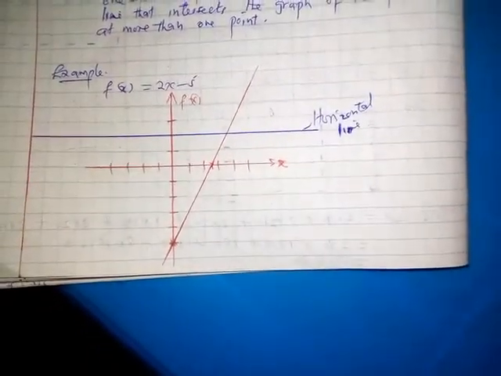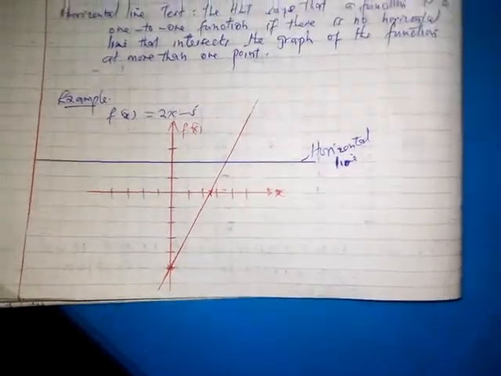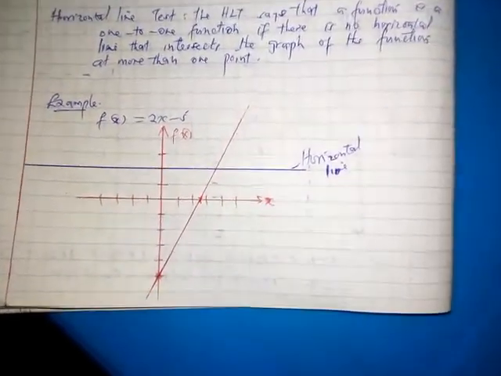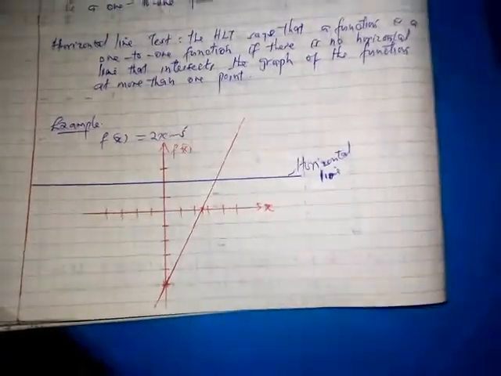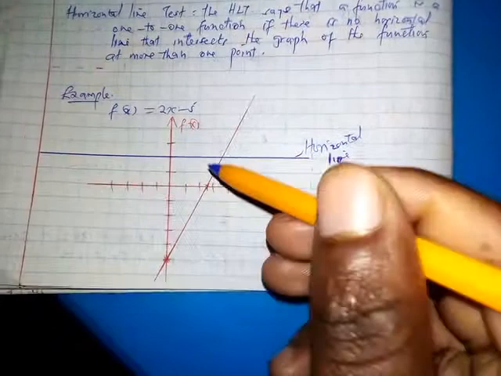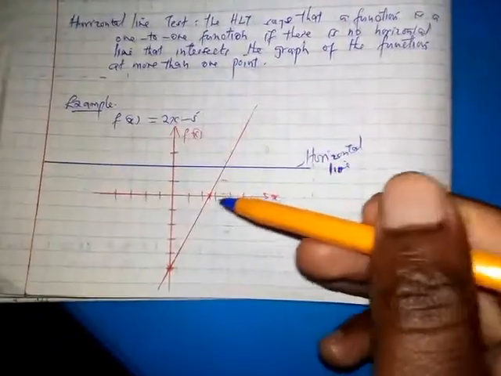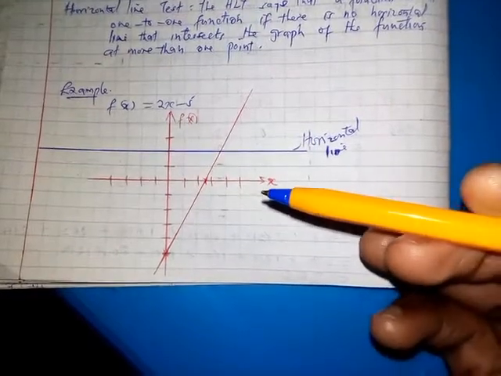Remember, I've said that only one-to-one functions have an inverse function. So up to that point, we are done with determining if the function is a one-to-one function or whether it has an inverse or not.